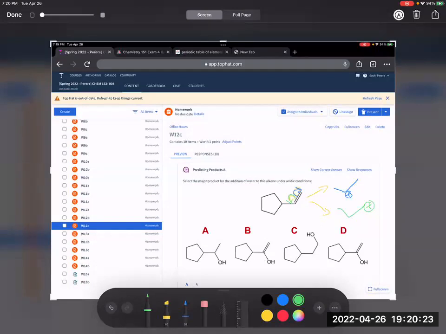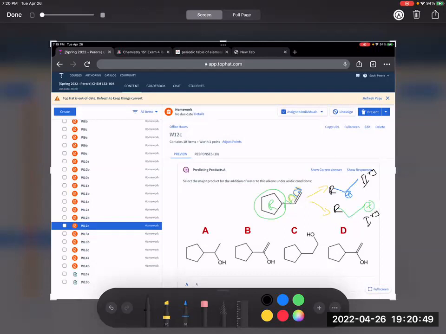So the idea is, if you think about these two carbons, let's consider this as our R group, the rest of the molecule, which we don't care about. Now we have two types of cations here. This is a secondary carbocation and this is a primary carbocation.